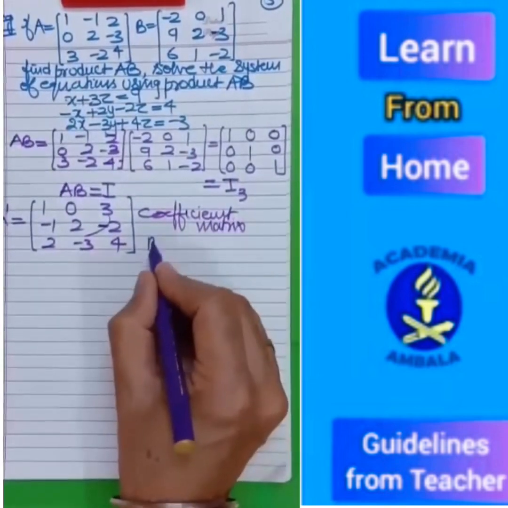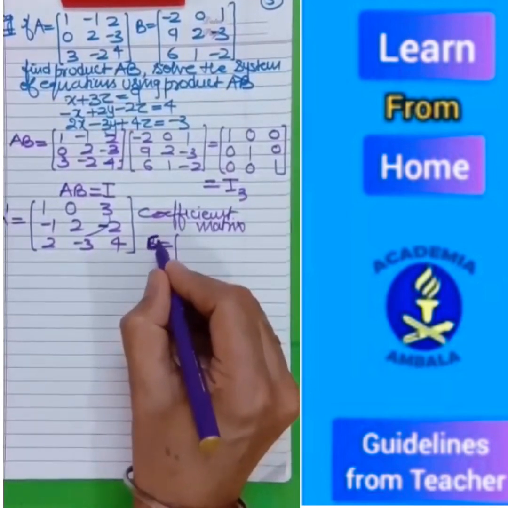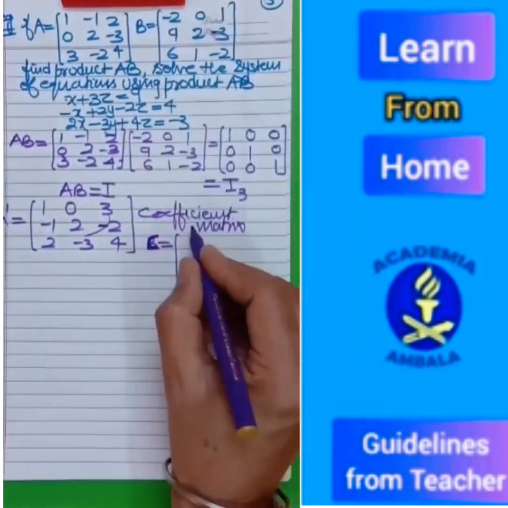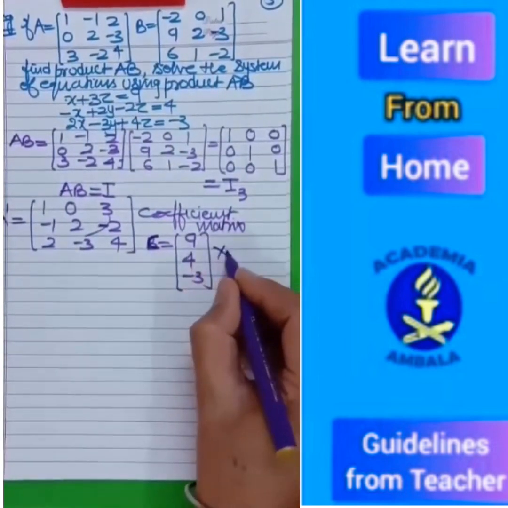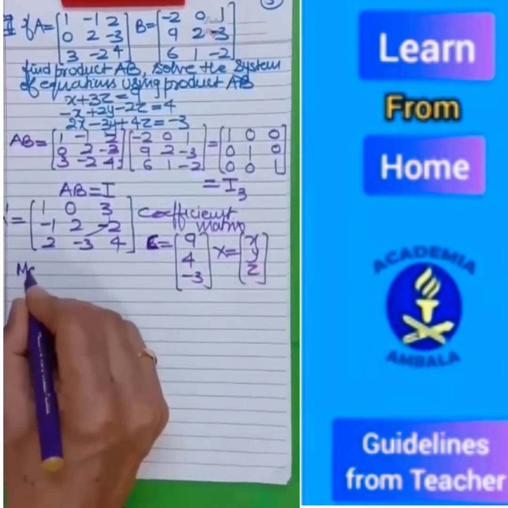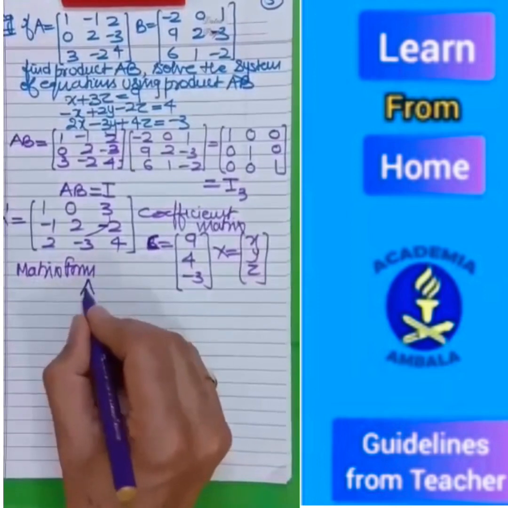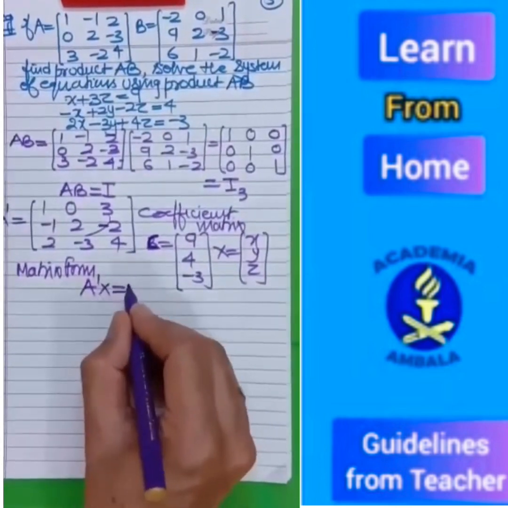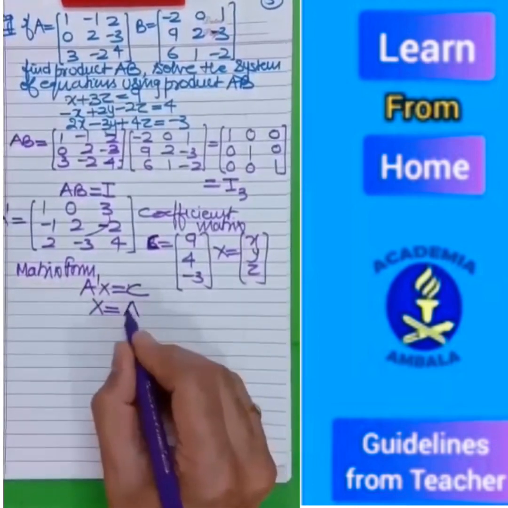In the same way we can write our matrix C, because B is already given here. We will consider it as C. It is your constant matrix and X is your variable matrix. Now your matrix form will be A dash X is equal to C. Now we want X. What to do?